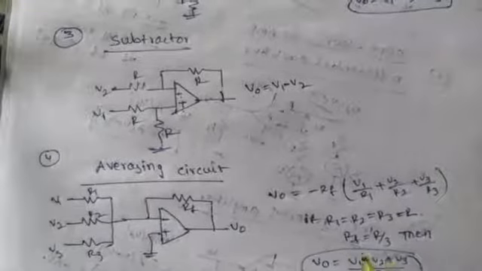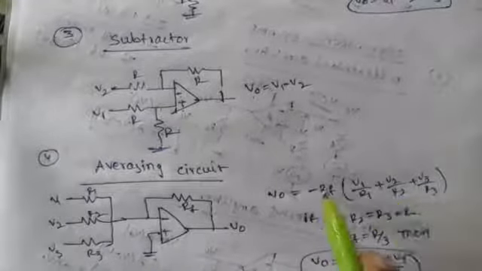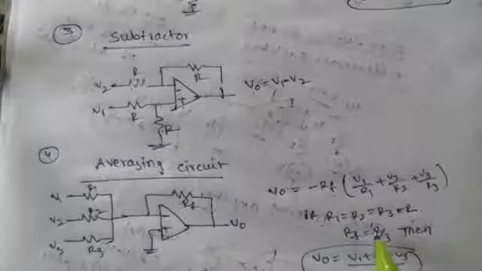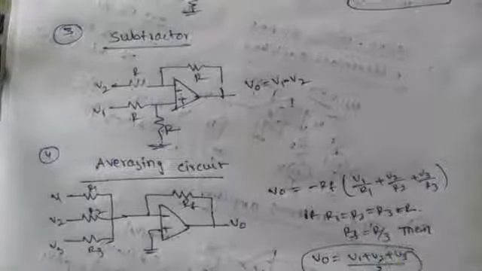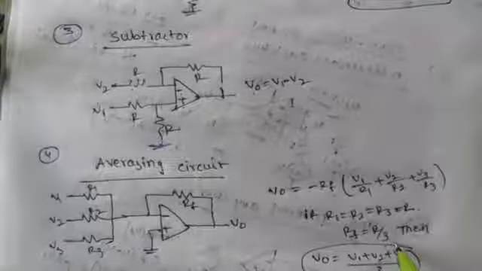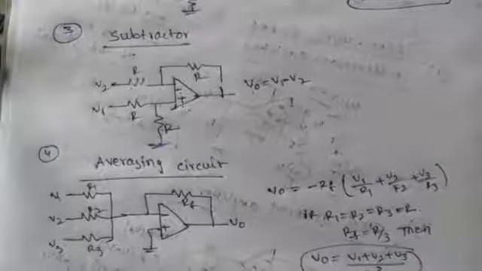But here the Rf value should be R by 3. The R in the denominator cancels, then V0 is V1 plus V2 plus V3 by 3. Whatever number of inputs there are, that many times you have to divide. If 2 inputs are there, R by 2. If 4 inputs are there, you can consider R by 4. That will give the averaging of the 3 inputs.